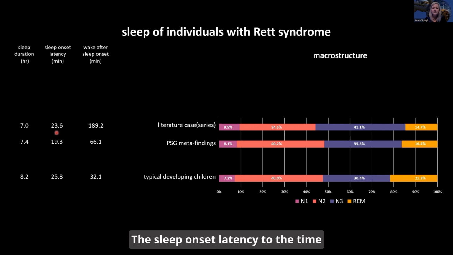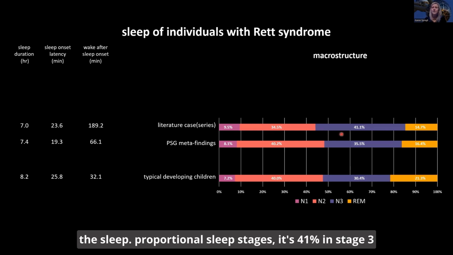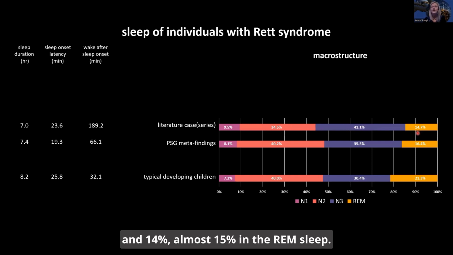The sleep onset latency, so the time to fall asleep, is around 23 minutes. And you can see in these cases, the wake after sleep onset is much longer, almost 190 minutes. And in the distribution of the proportional sleep stages, it's 41% in stage 3 and almost 15% in the REM sleep.